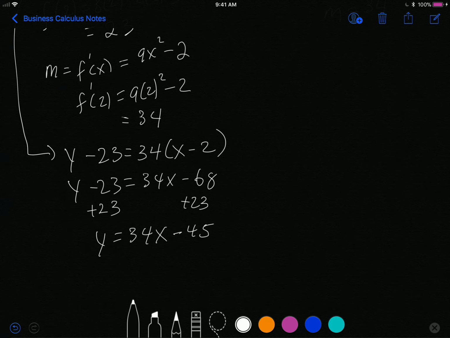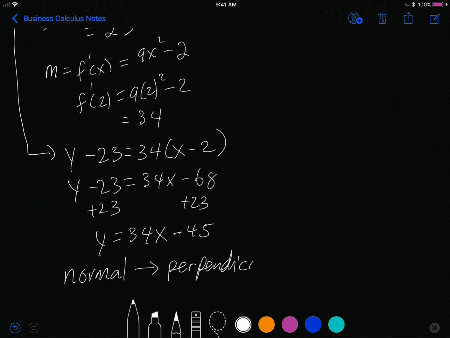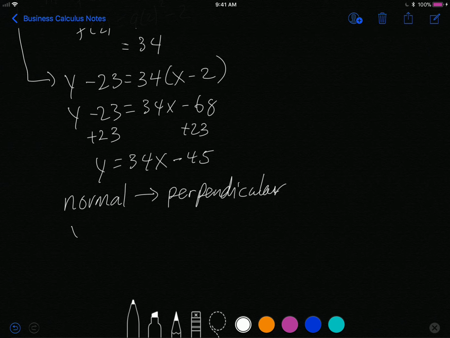Now to find the equation of the line normal to the original tangent graph means that they're perpendicular. I am still trying to find the equation y minus y1 equals m times x minus x1, and so I need the same three pieces of information.